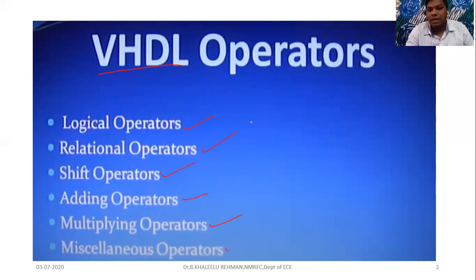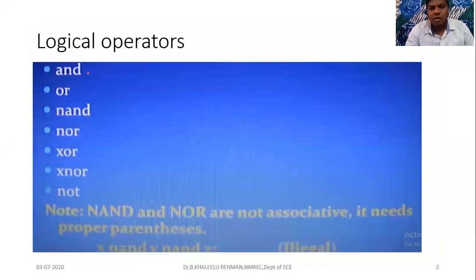All together are the VHDL operators. If I talk about the logical operators, we have the logical AND, OR, NOT, XOR, XNOR, and the universal gates NAND and NOR. These gates are the logical operators.